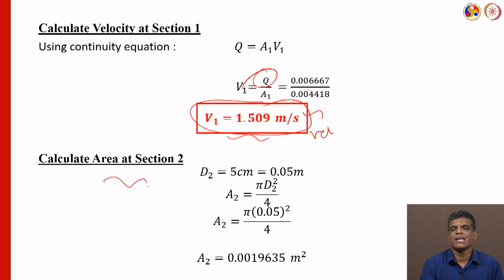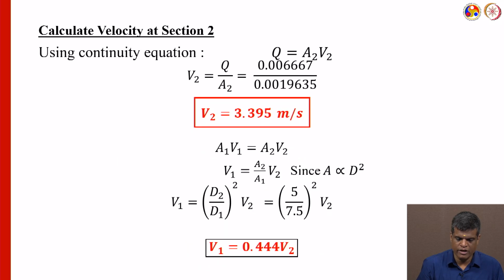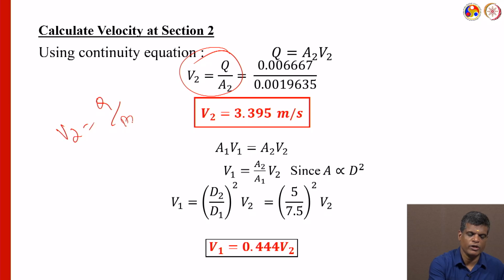Again, in the same way, calculate the area at section 2, but the diameter they mentioned is 5 centimeter, so we convert it in terms of meter, SI units. So, we calculate A2, and once we know A2, from Q by A2 we can get the V2 value.